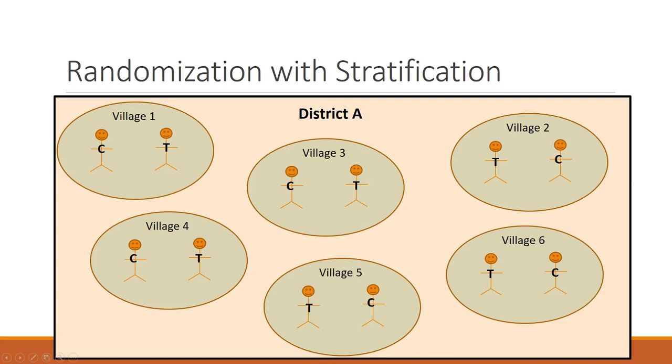So when we stratify, basically what we're doing is we're creating a whole bunch of mini RCTs, mini experiments. Every village has its own mini experiment, which allows us to identify the treatment effect within each village by comparing the treatment farmers to the control farmers within the villages.